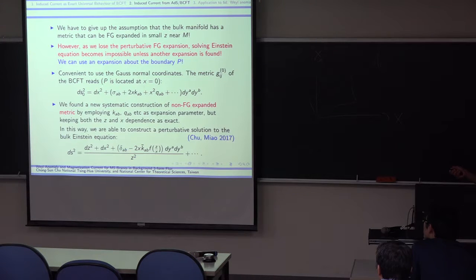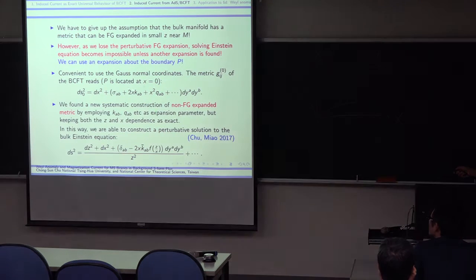The boundary is located at x equals 0. So it's like this is your M, this is your boundary, this direction is x. So when x equals 0, you're at the boundary. At the boundary, you have a boundary metric, which is sigma AB, dy A, dy B. When you go inside, the metric can become more complicated, depending on x, of course.